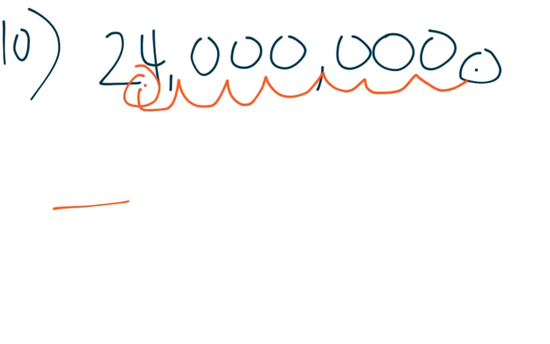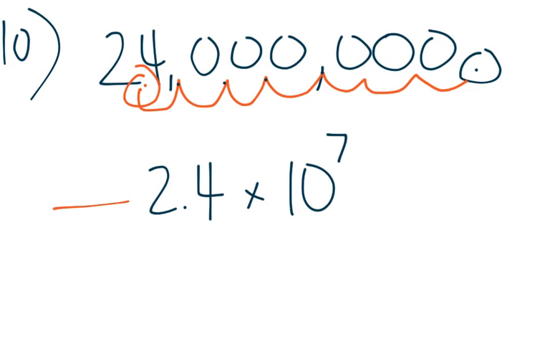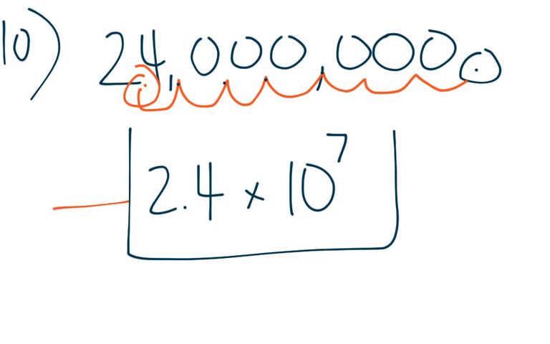We want the decimal to be right here because 2.4 is in between 1 and 10. So we have 2.4 times 10, and we count how many times we moved: 7. We have 2.4 times 10 to the 7th power.